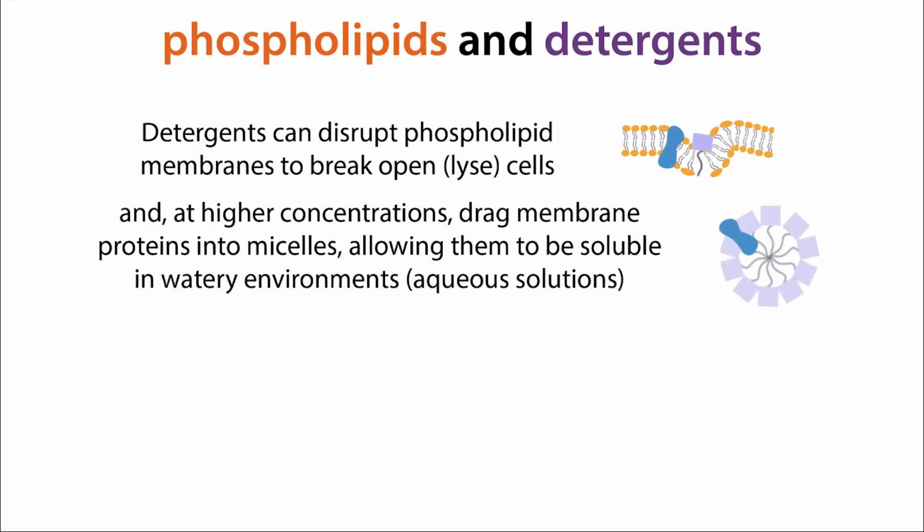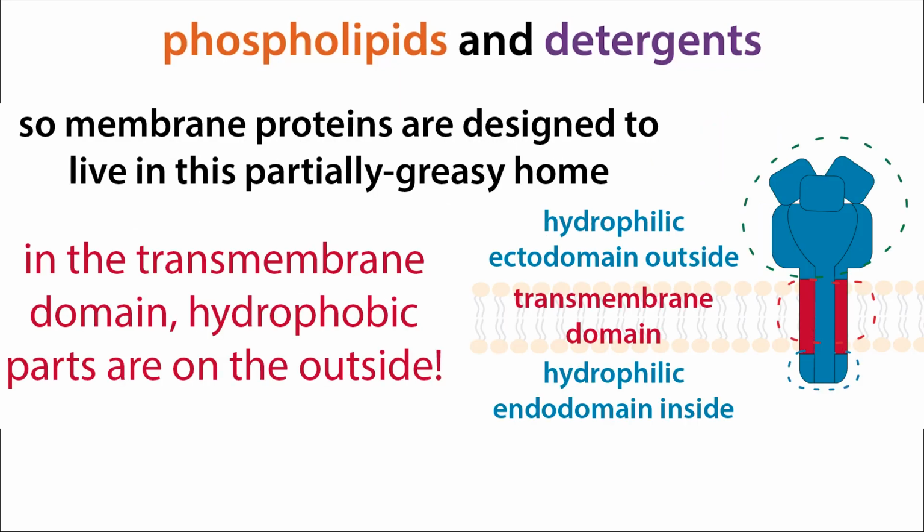At a higher concentration, it's actually going to be able to extract the membrane proteins from the membrane and pull them into its micelles, allowing these proteins to stay soluble in watery environments. In a membrane protein, the part that actually spans the membrane is going to be hydrophobic because it's hanging out in that lipidy environment. So you need to protect those hydrophobic parts when you extract them, and the micelle is able to do this.